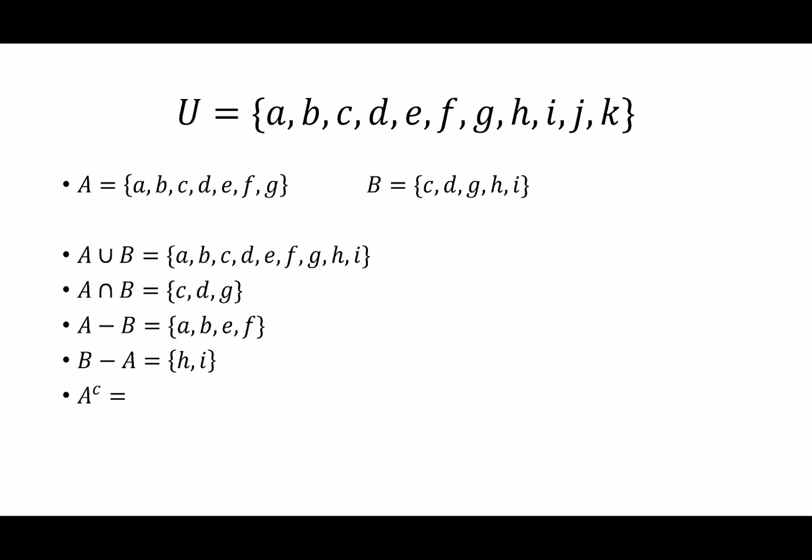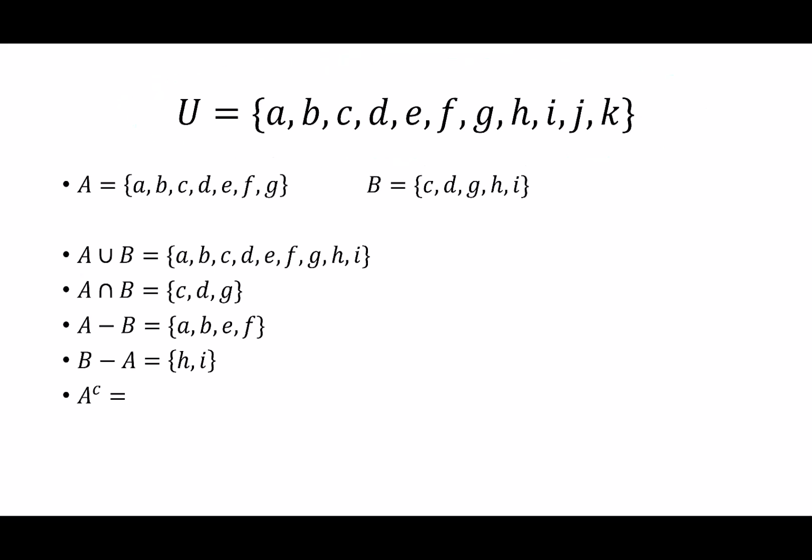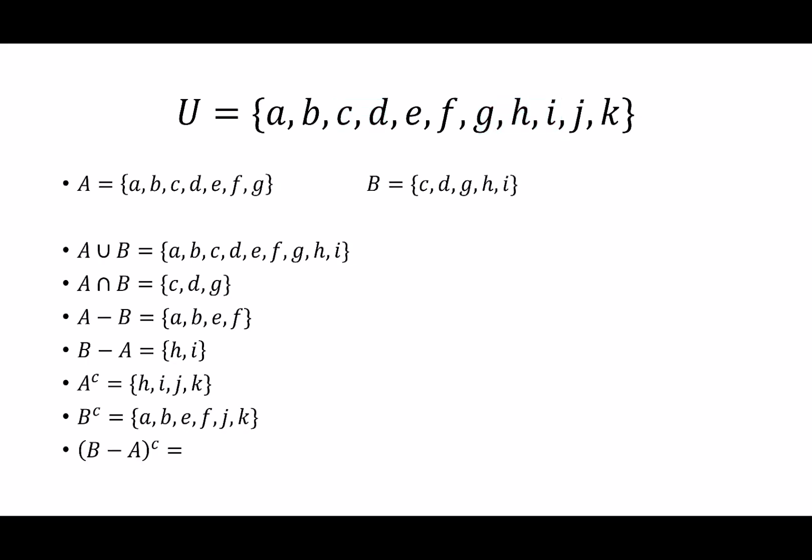Let's try the complement. If I do a complement, I have to look back at the universe and look at what's in the universe that's not a part of A. I know I have A, B, C, D, E, F, G in A, so H, I, J, K would be A complement. Let's do the same thing with B. To find B complement, I'll take C, D, G, H, and I away from the universe to see that I would have left A, B, E, F, J, and K. Let's try one more.